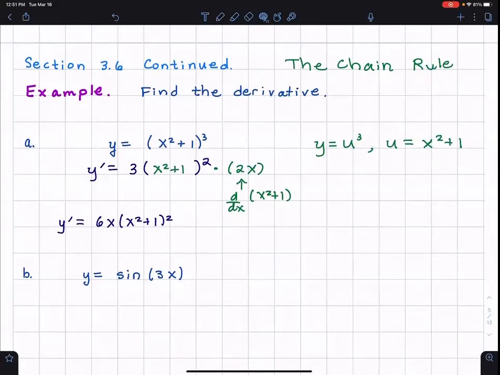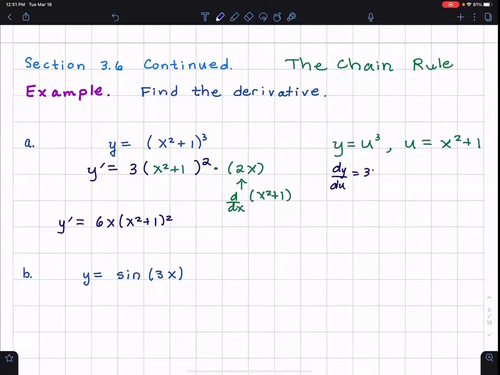Okay, maybe what I'm going to do is make it more complicated. That was nice and short. But I took the derivative of the outside, y, and that's 3u squared. That was this part, 3 whatever inside squared. That's the 3u squared.